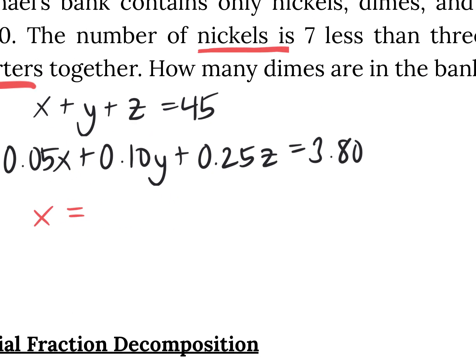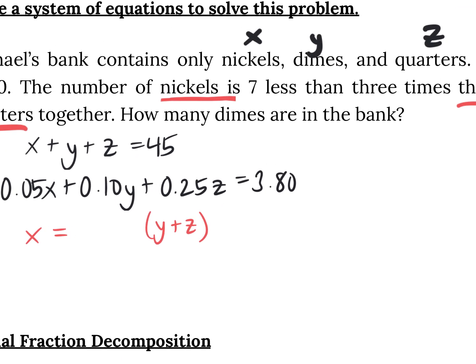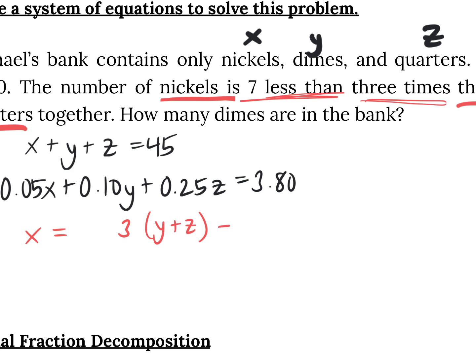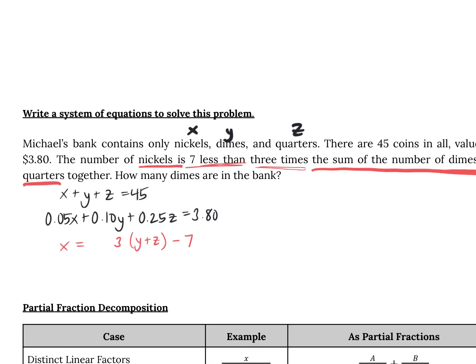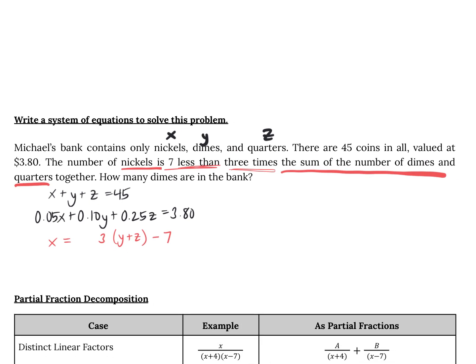So the sum of quarters and dimes together would be Y plus Z. But then it says it's 3 times that, so I'm going to put a 3 in front of the Y plus Z. And then lastly, it says it's 7 less than all of that, so I'm going to have minus 7 after all of that. If I go back and read it, it should make sense: the number of nickels is 7 less than 3 times the sum of dimes and quarters together.